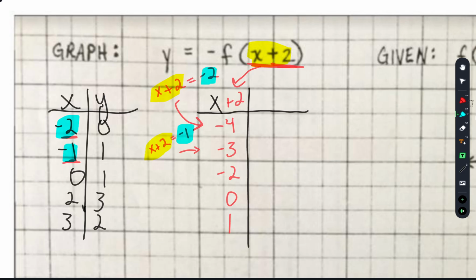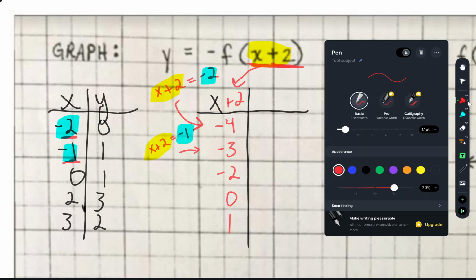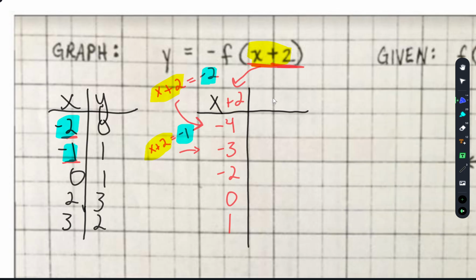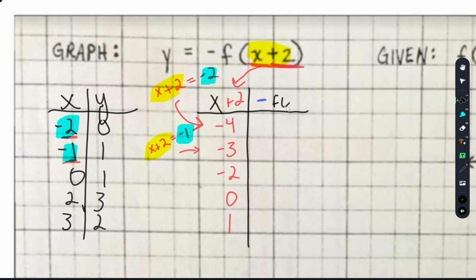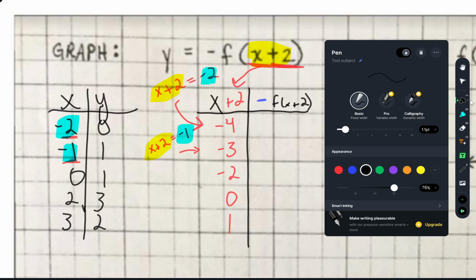Anything that happens to the Y, so stuff outside the parentheses, so that one would be, come on. So if you had to do the negative on the f of x, or if there's anything outside of the f, essentially what you do is you just take the opposite of what you started with.